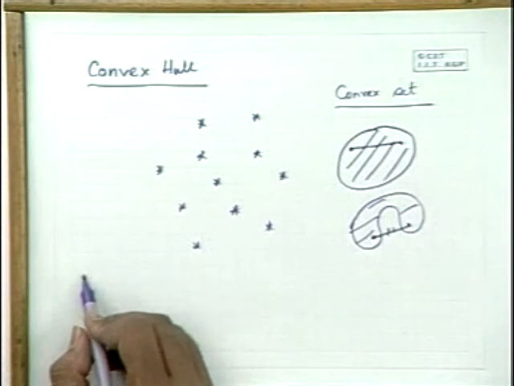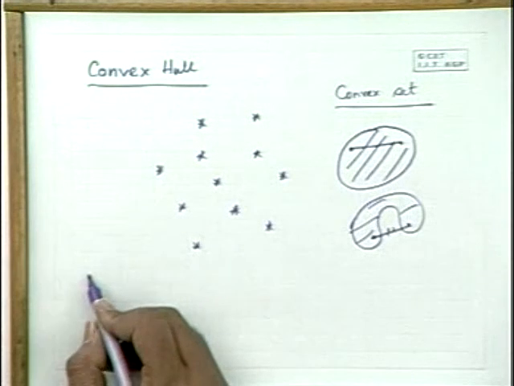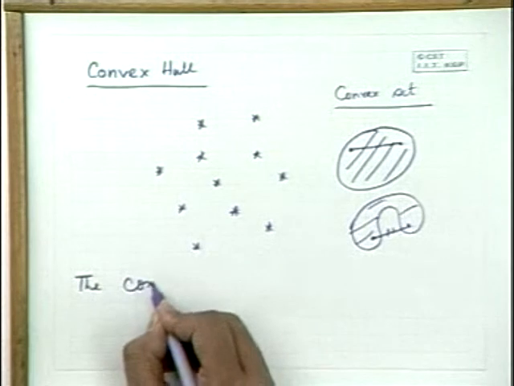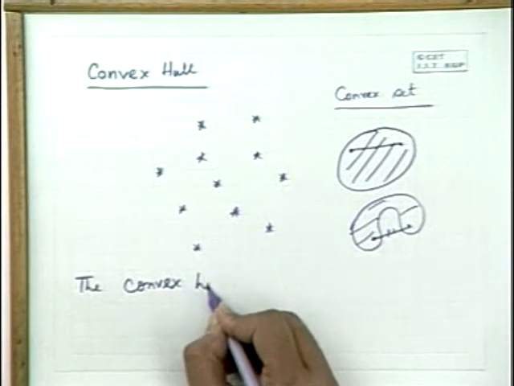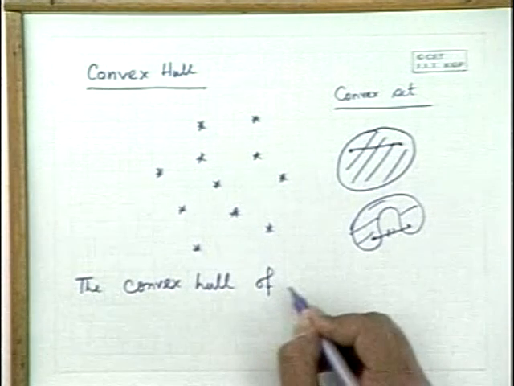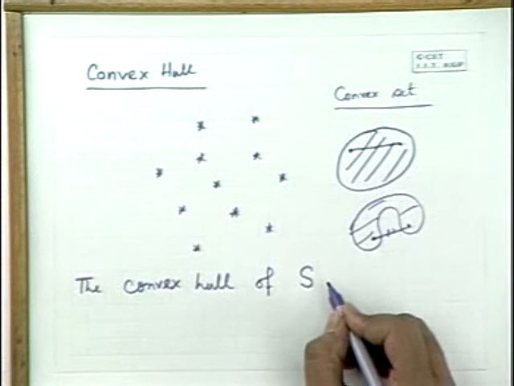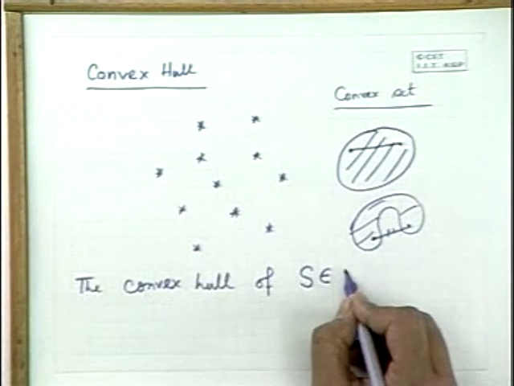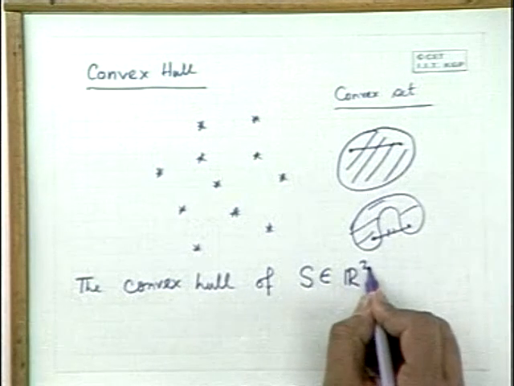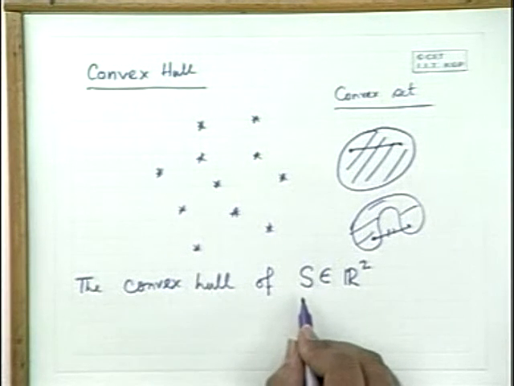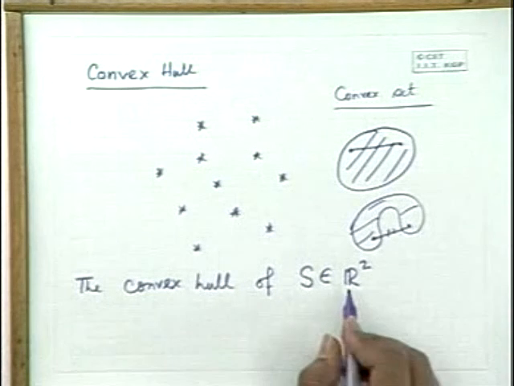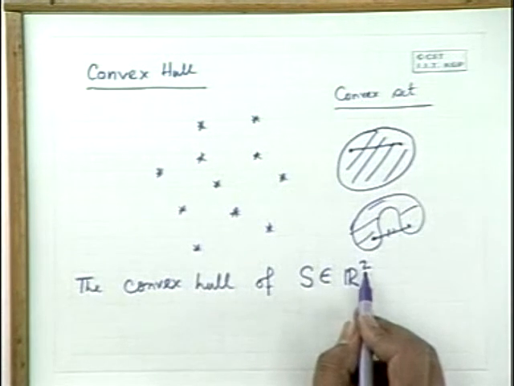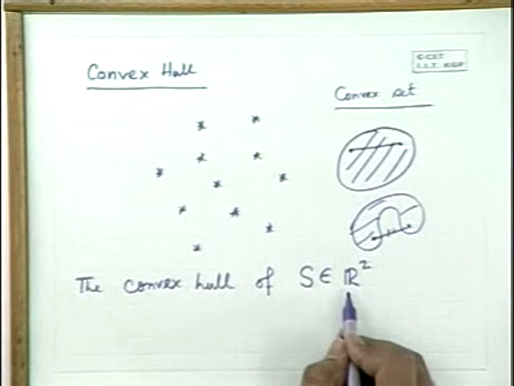So the definition of convex set is exactly this. So I am going to define convex hull in terms of the convex set now. So the convex hull of a set of points S given in R2. R2 generally signifies the real plane. That's why 2, 2-dimensional plane. R signifies the real points.